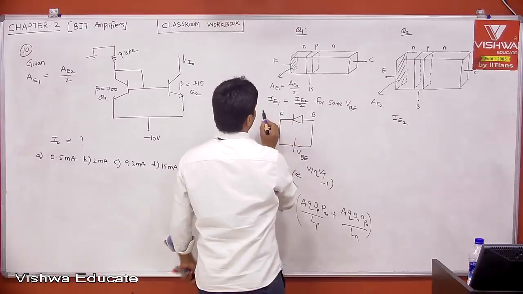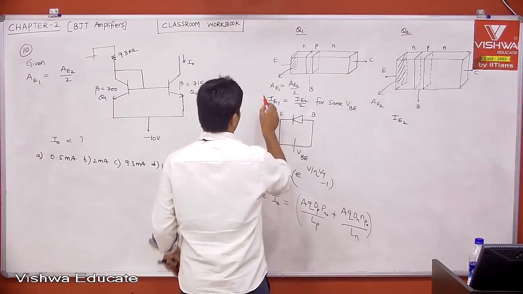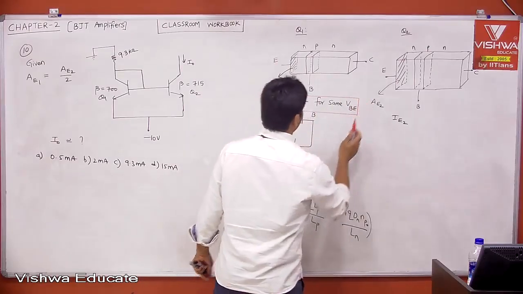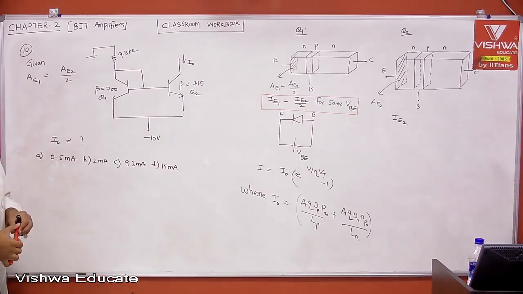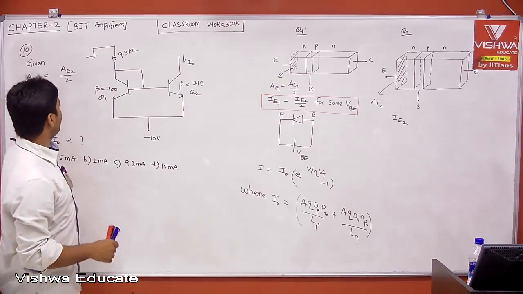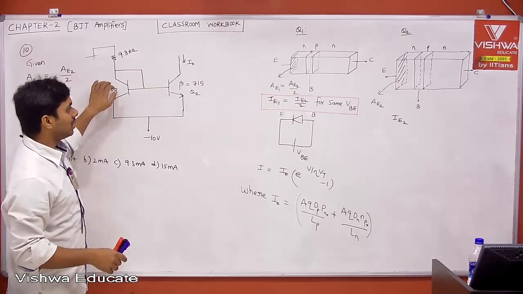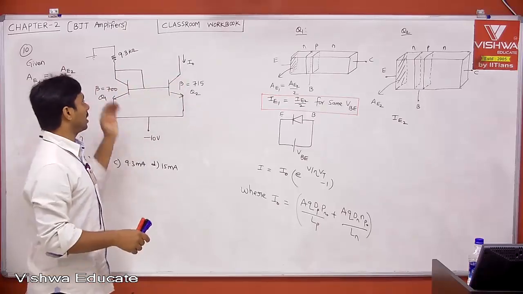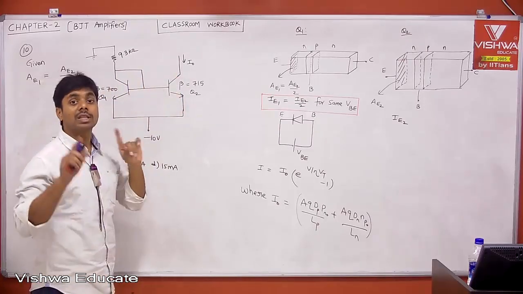Therefore, this is a very important point. This is what you need to understand. This is our observation based on the explanation. See, we are not solving the problem, I am explaining the problem. Therefore, what we got to know is, because the area of transistor Q1 is half of this, your IE1 is half of this current, or I can say the current flowing through this is twice of this current for the same VBE.